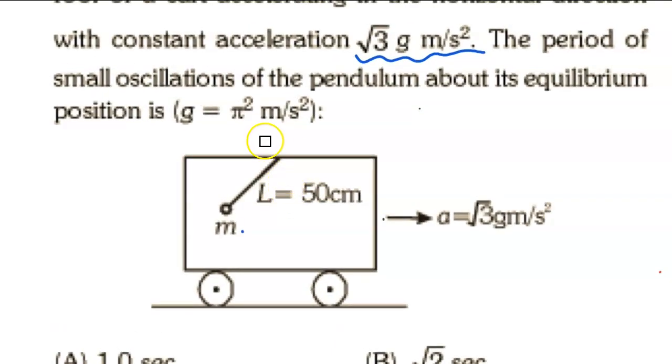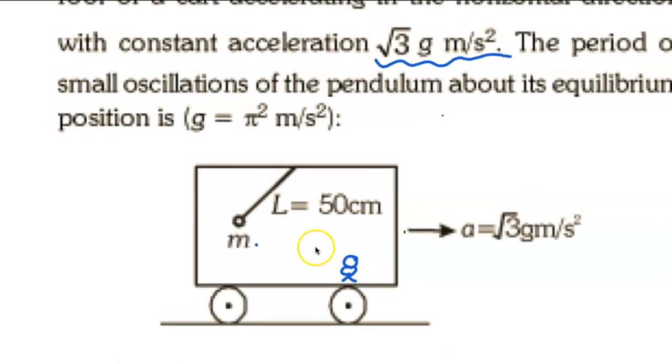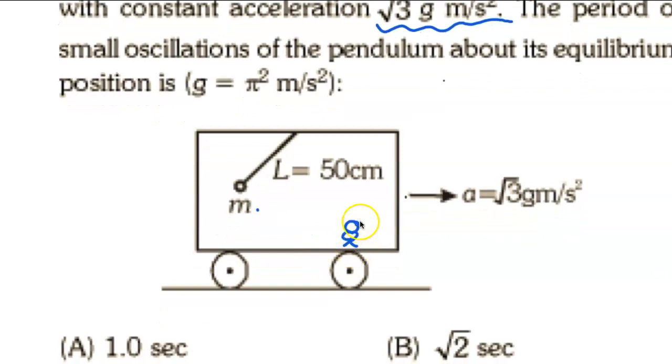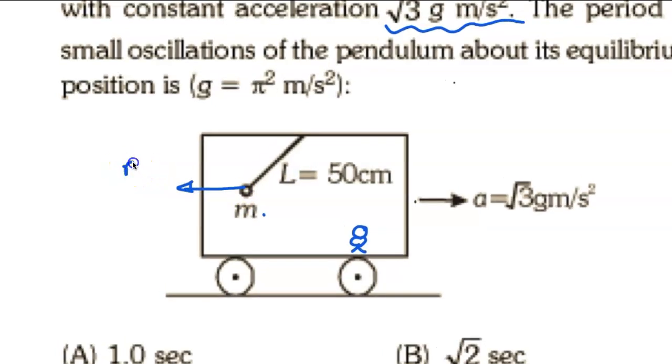For finding the new equilibrium position, you can enter the frame of this car. Suppose this is the observer and he is standing in the frame of the car, and because the observer is accelerating in forward direction, he will apply a pseudo force in backward direction, like ma. The weight of this simple pendulum will act in downward direction, mg.